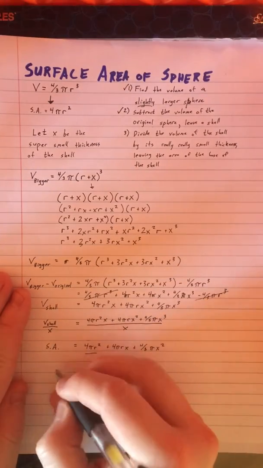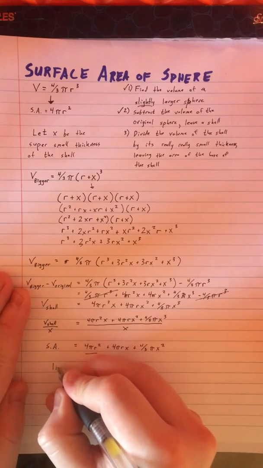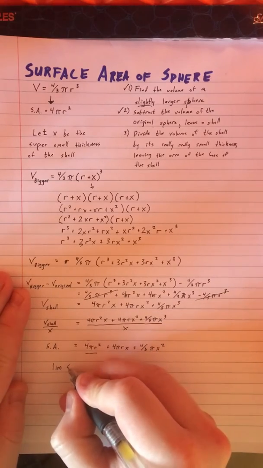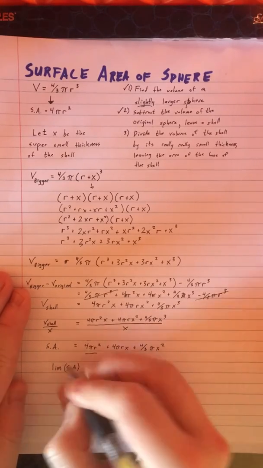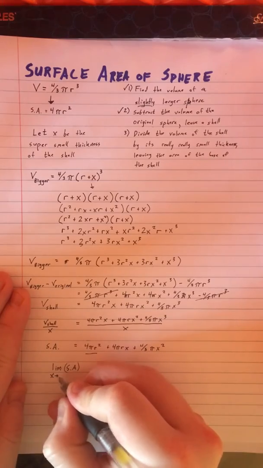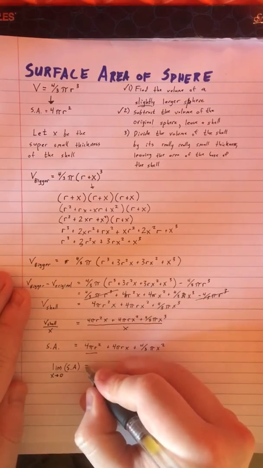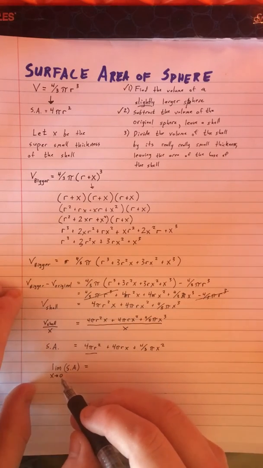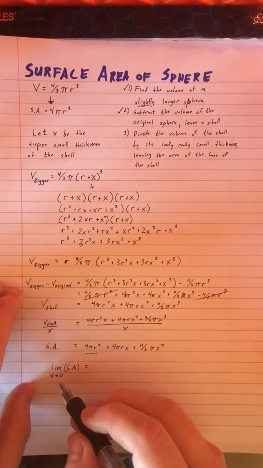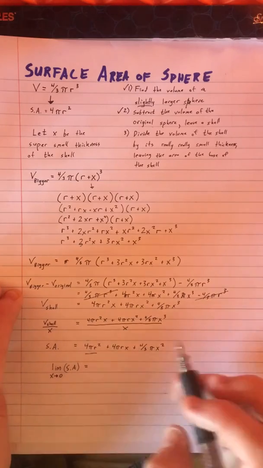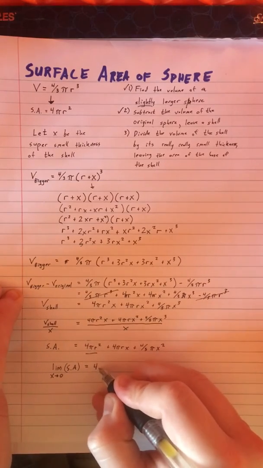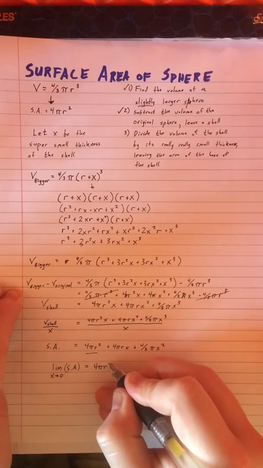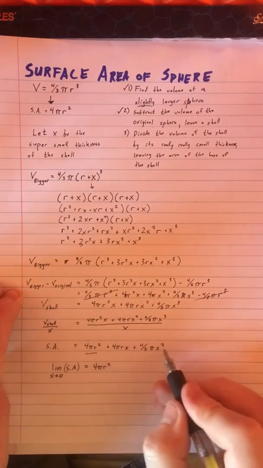In math, we represent this as taking the limit of a function as x goes to 0. We ask ourselves, what happens to this function as x basically becomes 0, as it becomes infinitesimally close to 0? Well, the first term remains the same because it has no x component to it. It doesn't care. But look at these two terms.